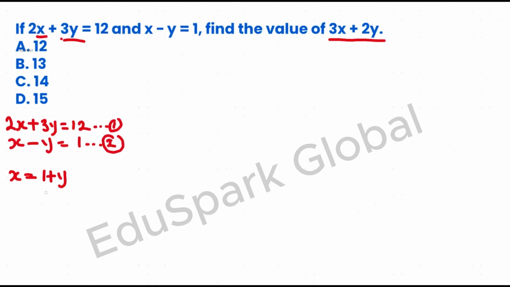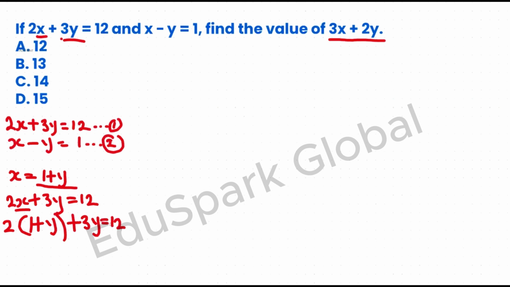So equation 1 is 2x plus 3y equals 12. In place of this x, we substitute the value of x, which is 1 plus y. So we're going to have 2, let's open brackets, 1 plus y, plus 3y equals 12.